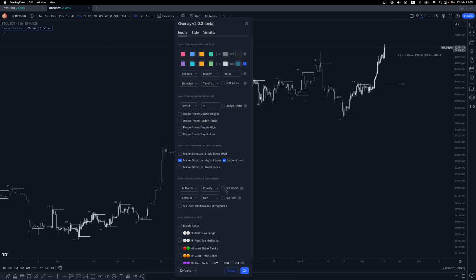That used to be a part of SD Tech with this little button here. That's now just in this option, market structure highs and lows. It tells you where all the highs and lows were that it finds, and if you tick this, it gives you the unconfirmed ones. And SD lock and SD wick are automatically activated from the get-go.